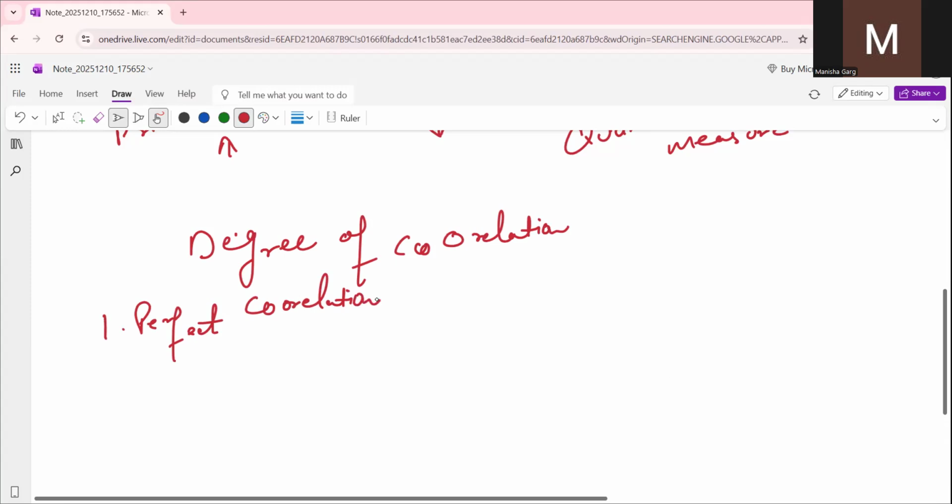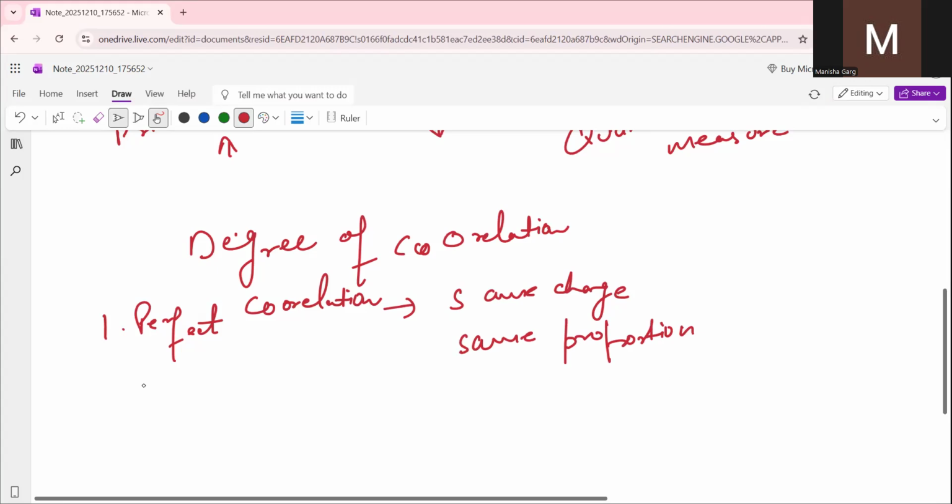Perfect means same change. When two variables change in the same proportion, we call it perfect correlation.